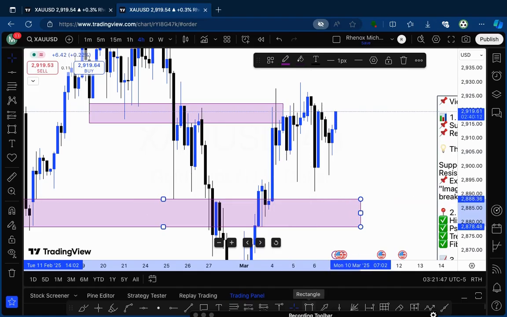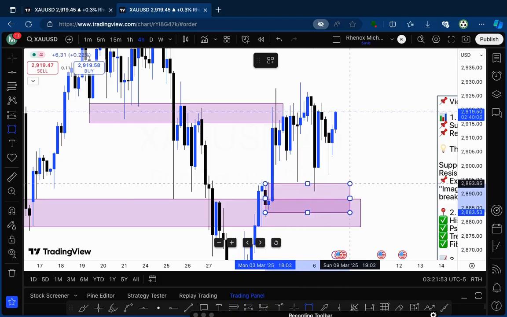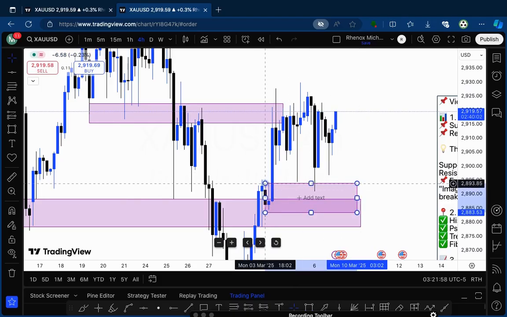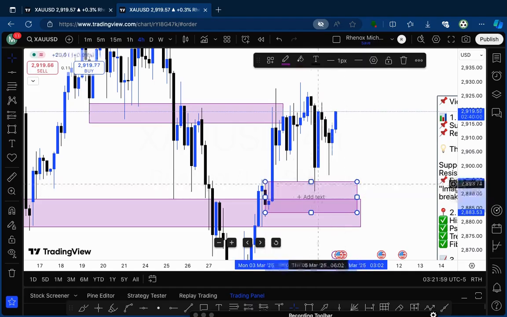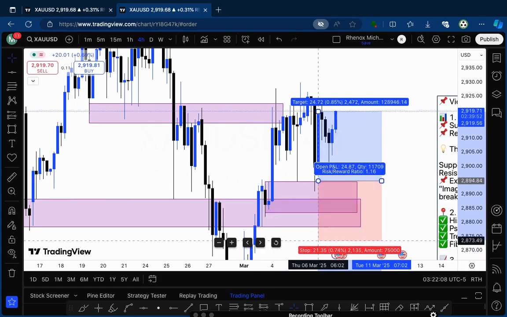Now, even if price didn't come deep enough to this level, I will have used this order block here. That's another class, order blocks. I'll have used this order block to find out if price was to move from that level or not, which was how I caught the last trade.